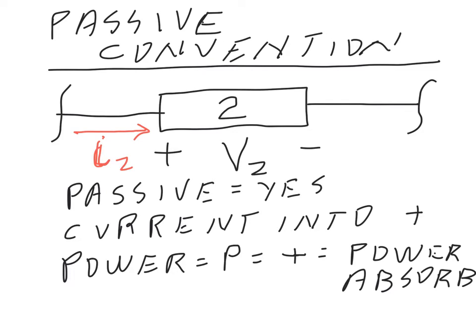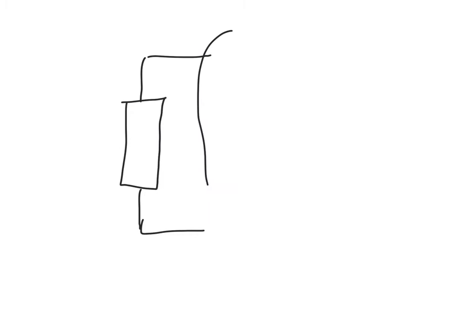All right, let's do a quick example. Suppose we have a device in this orientation, and it's hooked up to a bunch of other circuitry, which we're not going to draw.